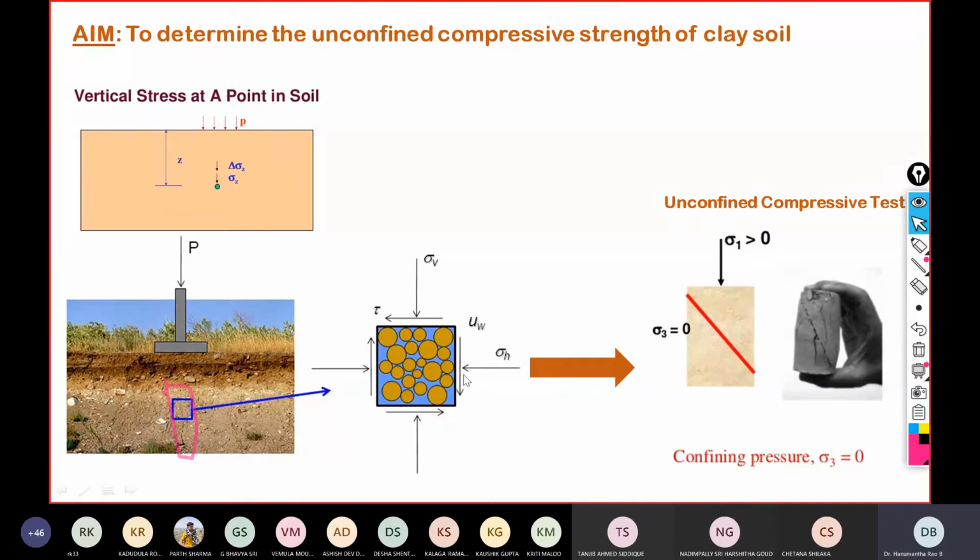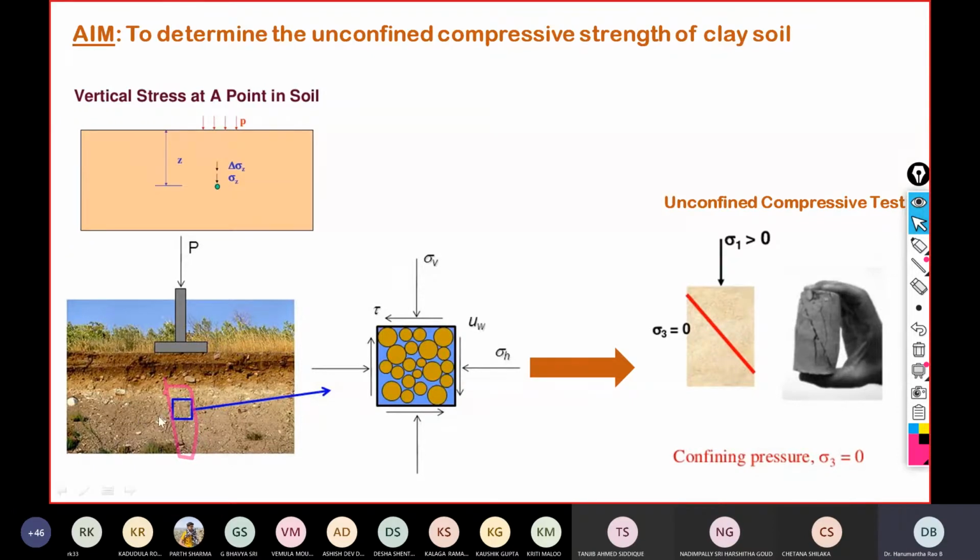Now, as I told, for the combination of stresses, just imagine a condition where sigma 3 is 0, that is, no lateral stresses are acting on the soil sample. This is rare, because if you take any soil sample from the ground, it is obvious that there is a vertical stress and there is a lateral stress.